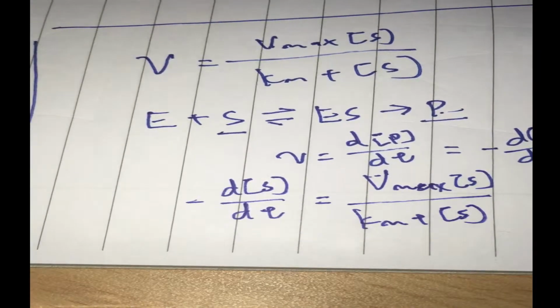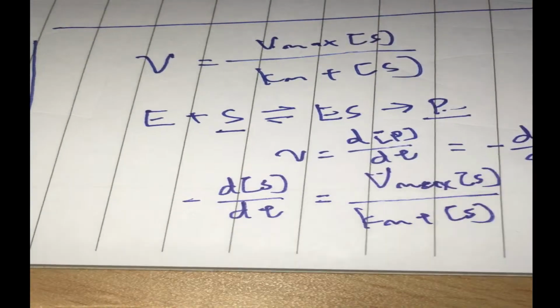Then we bring all the S terms to the left hand side to start integrating. So we have minus dS over dt, and we are bringing all the S terms on the left hand side. So we have Km plus S divided by S, and then you have V max on the right hand side.